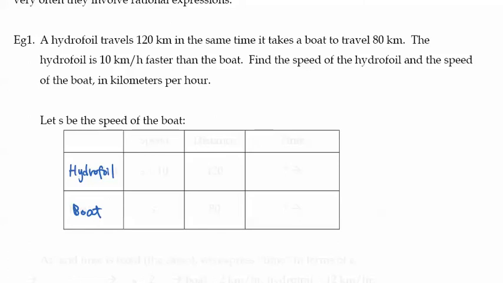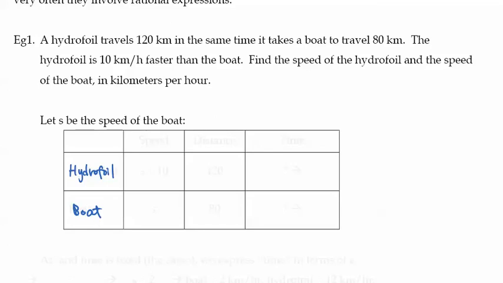They give us the distance for both of them, but apparently they are going to travel with a different speed because it takes them the same time to travel 120 kilometers for one of them and only 80 km for another one.